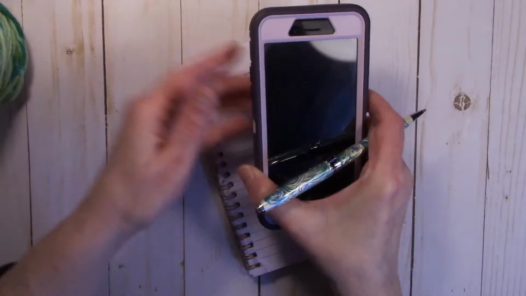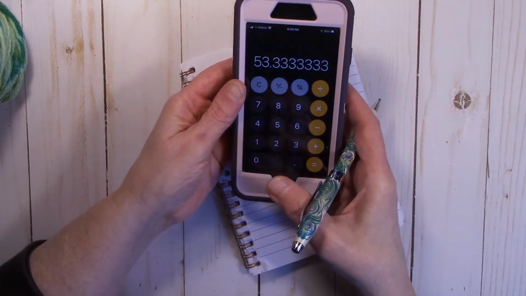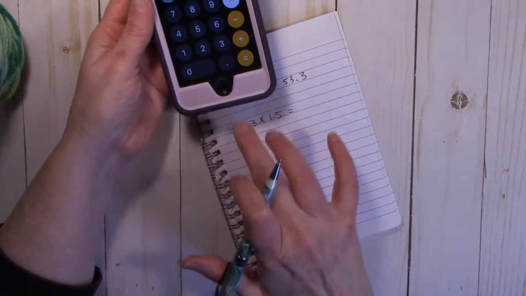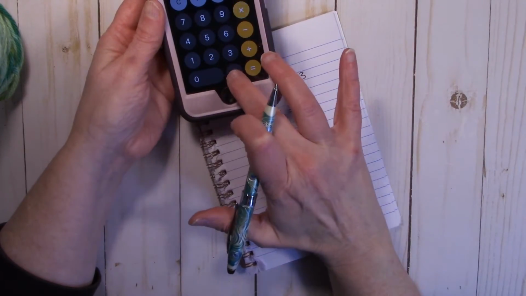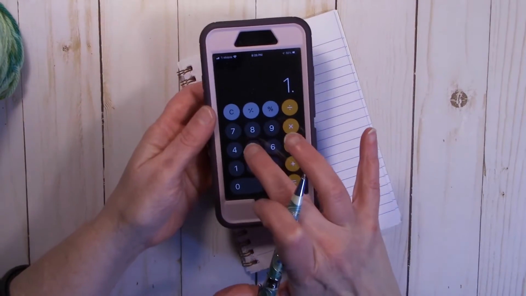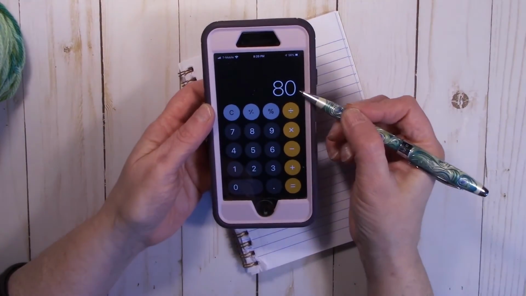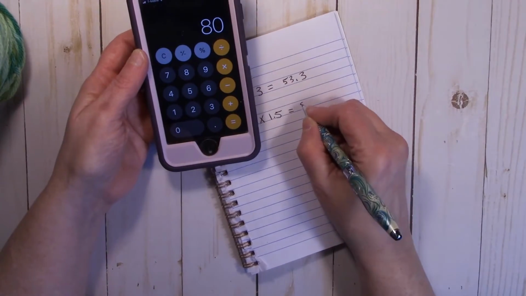And why I said that we're not going to clear that number out of here, because all we have to do is just go times 1.5, and it equals, and that gives us 80.